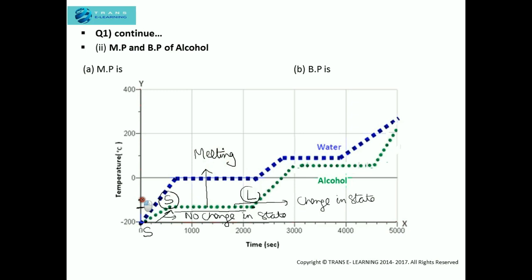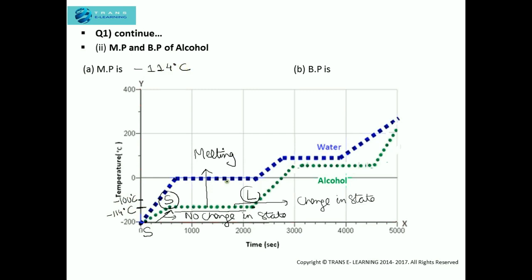This is the midpoint between minus 200 degrees Celsius and 0 degrees Celsius. So here we'll be having minus 100 degrees Celsius. So here we can roughly take minus 114 degrees Celsius. So the melting point of alcohol will be minus 114 degrees Celsius.